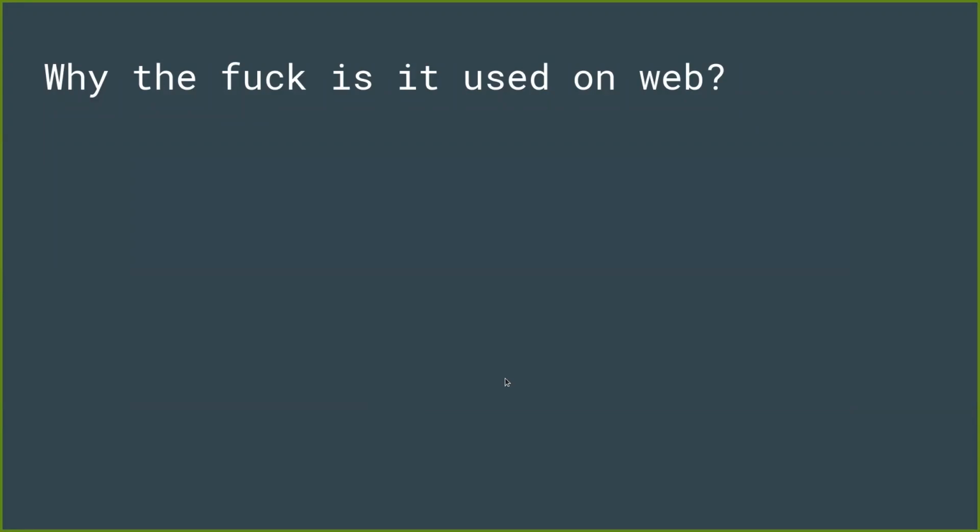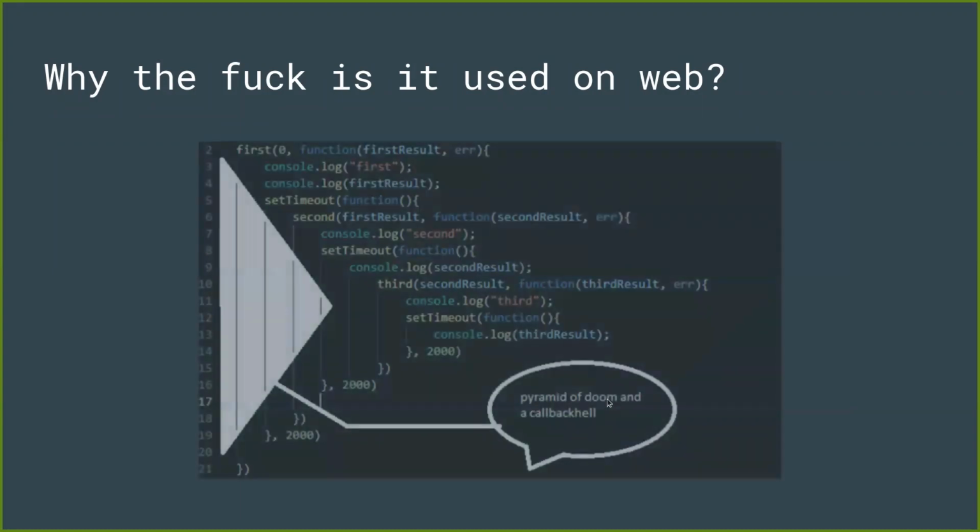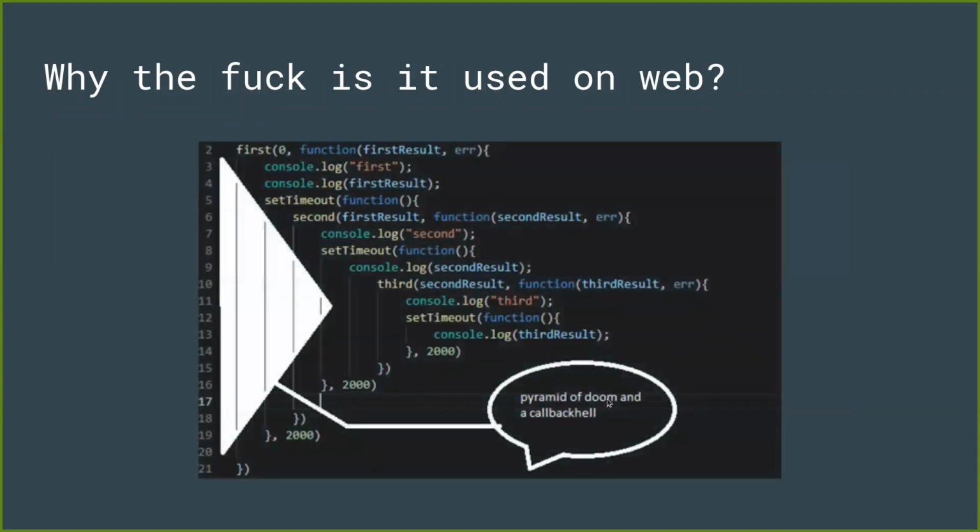But the problem with promises is that they are kind of pretty primitive. So in order to do some complex business logic with them, you have to write a lot of boring boilerplate, especially when you have to manipulate a lot of asynchronous flows. So let's take this lovely pyramid of doom as an example.